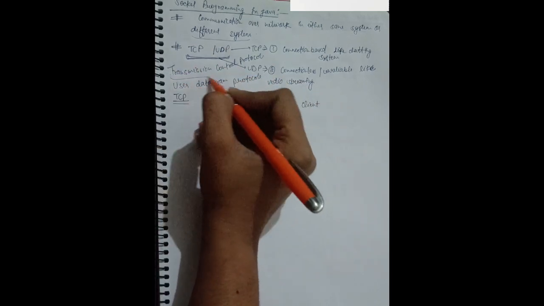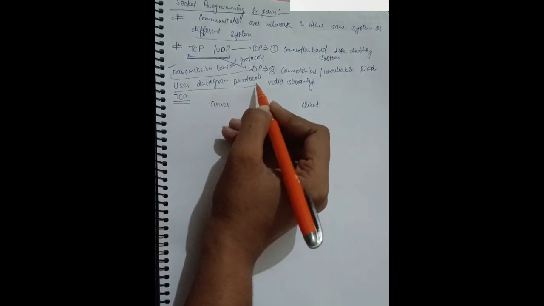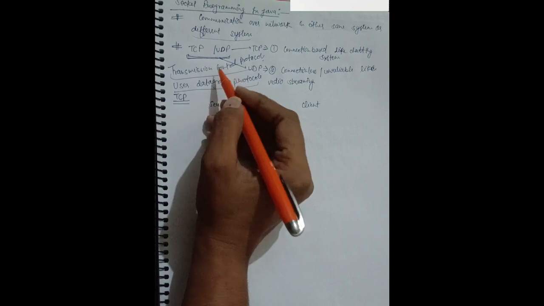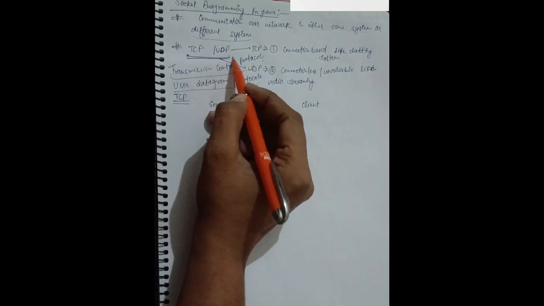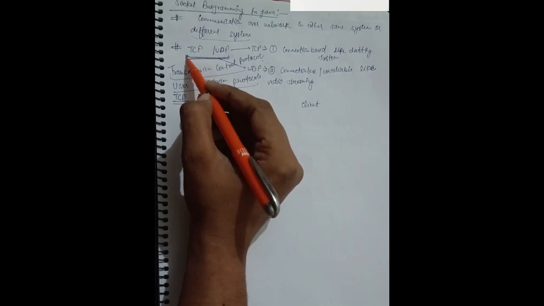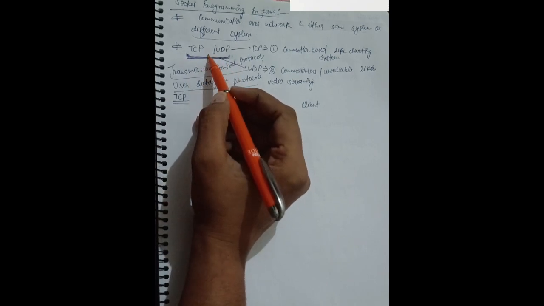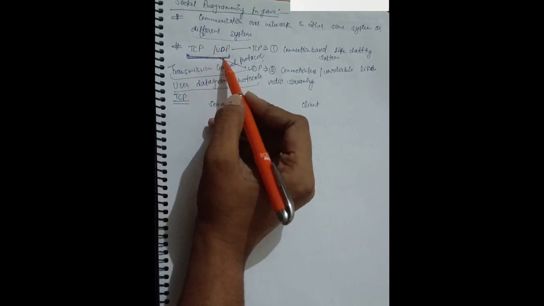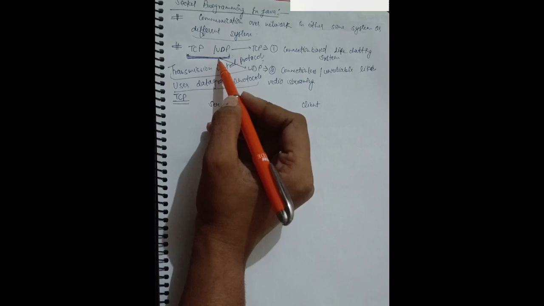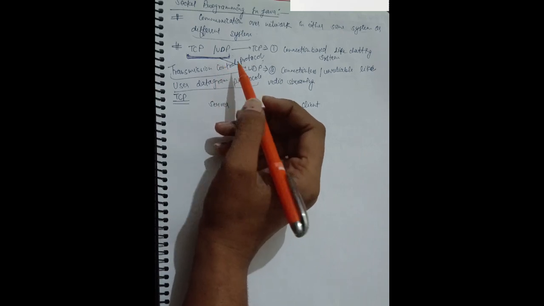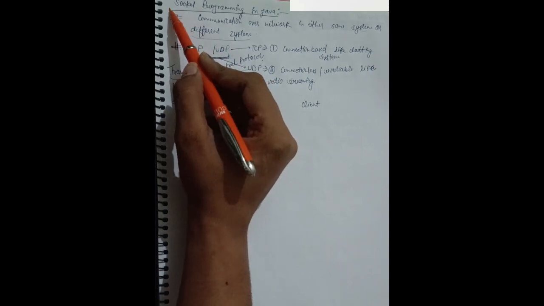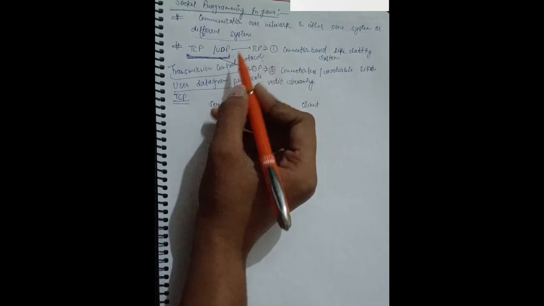These two protocols are used for socket programming. For in-depth knowledge of TCP and UDP, I have created another video, which you can watch. Here we are talking about socket programming.